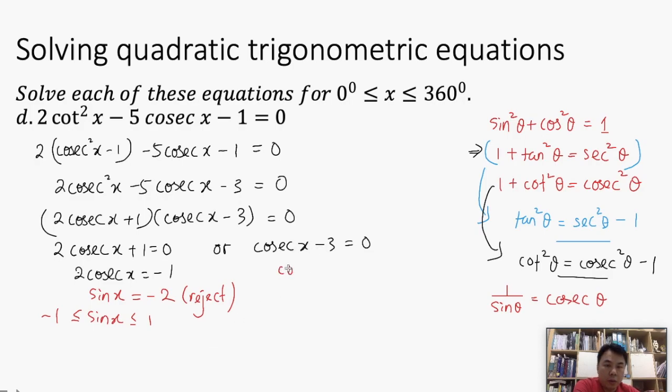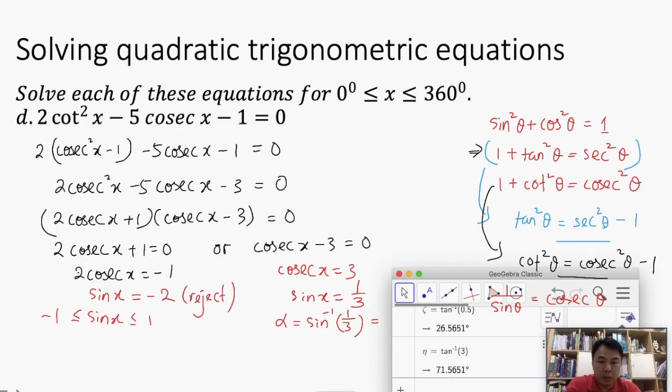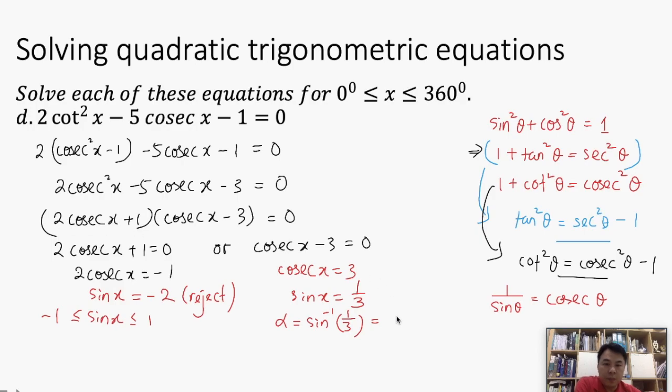Whereas for the second one, we have cosecant x equal to 3, therefore sine x is equal to 1 over 3. Yes, we do expect to have solutions for this one. Now, by using the calculator, we can find out the reference angle again. Let me key in that 1 over 3. Okay, 19.5 degree.